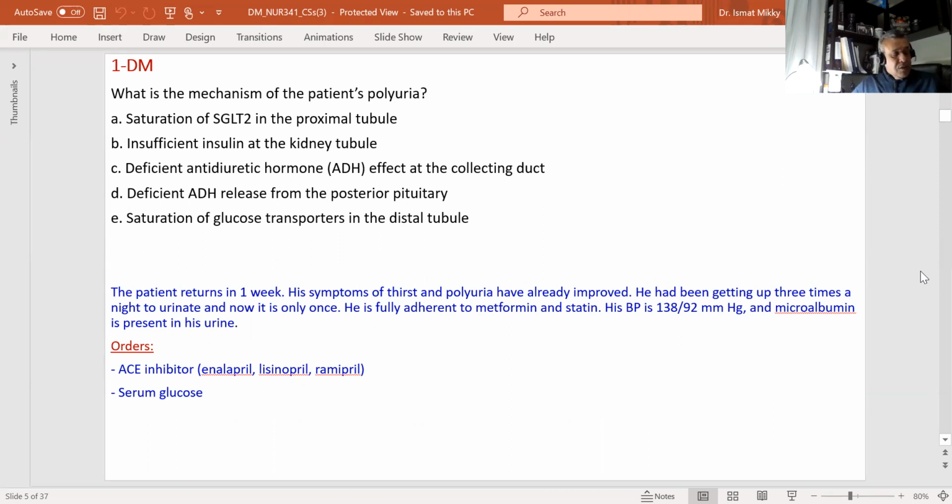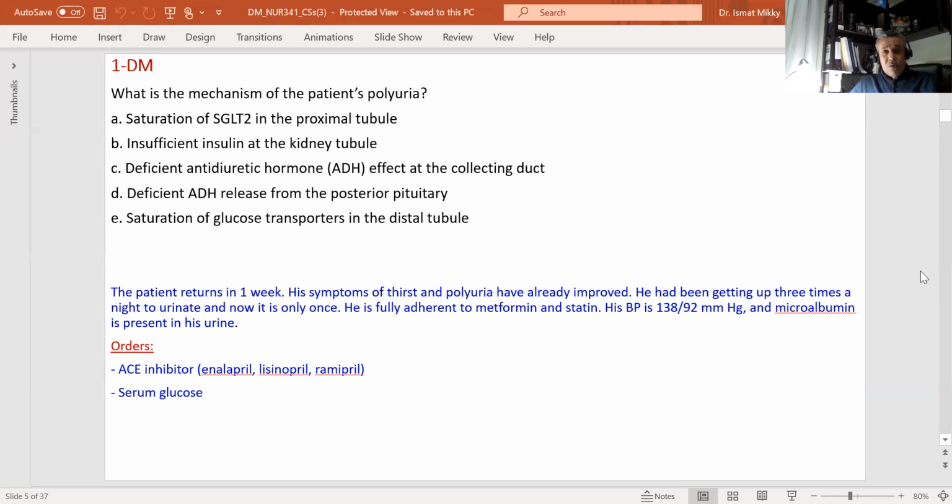So there is a threshold for beginning to spill glucose into urine. That's when the serum glucose level is above about 180 or up to 200.